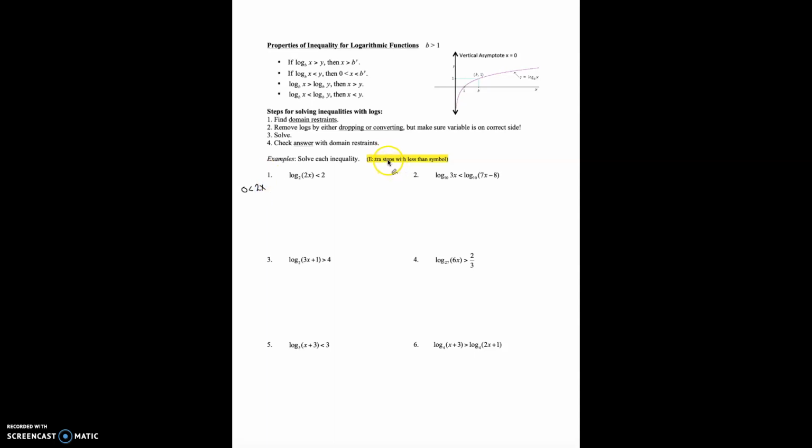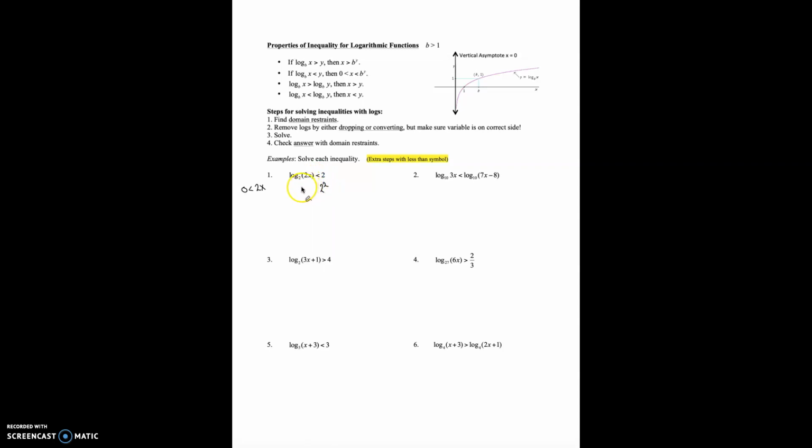And this is what I mean by the extra step when we have a less than symbol. So the second thing I want to do is I want to look at this and write it in exponential form. So it will be 2 to the second power, and usually we'd say like 2 to the second power equals 2x, but this is an inequality.